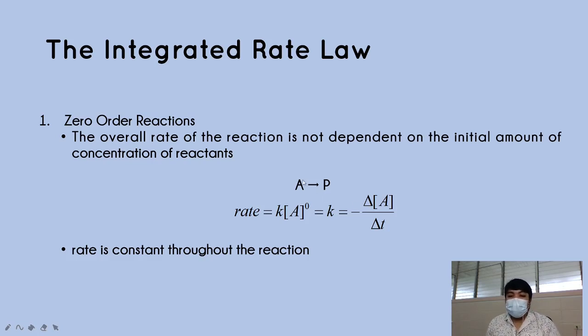For example, in this hypothetical reaction, a conversion of A into P, the A here is raised to the power of 0. Any number raised to 0 is 1. So that means what we will be left with is k. And since k is a constant, that indicates that the rate is constant throughout the reaction.